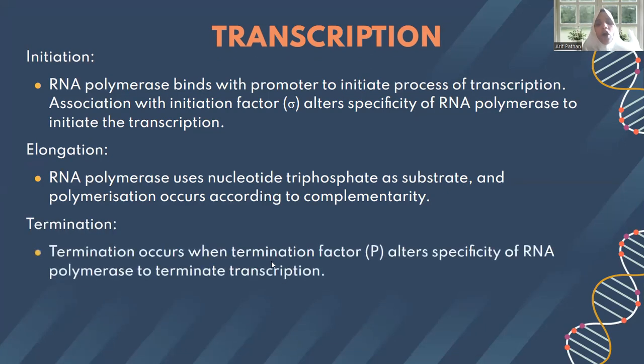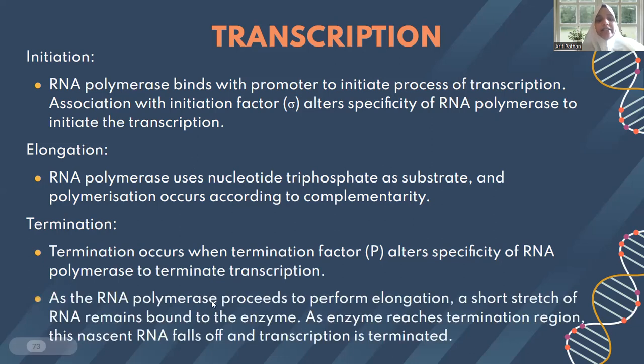And finally, when the stop point is encountered by the enzyme, the transcription will stop. The other factors will come over there to help the RNA polymerase to stop the transcription process. So these 3 steps are involved in the process of transcription: initiation, elongation, and termination.